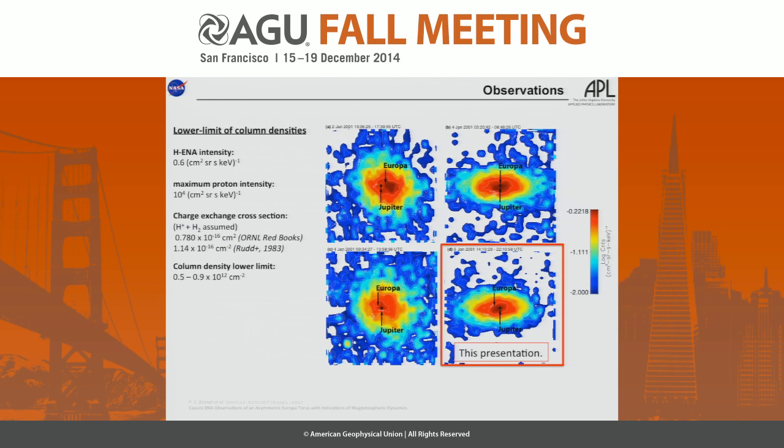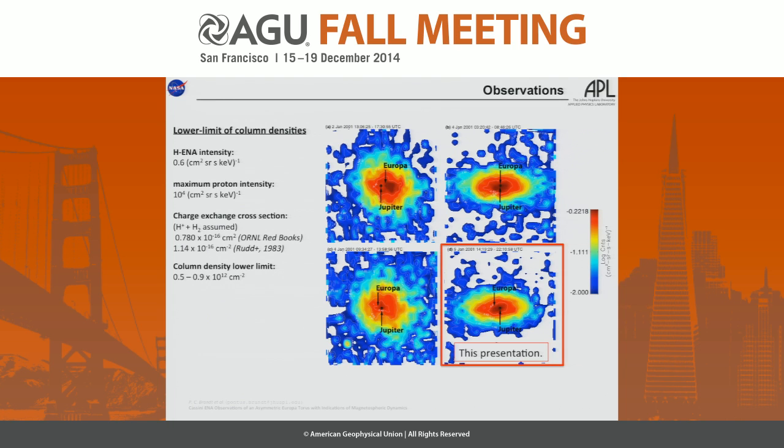I want to make one important remark on the column densities here. If you just take the differential intensities that we observe with INCA, that's the top of the color bar essentially, it's about 0.6 in differential intensity. If you then assume the maximum proton intensities measured by Galileo APD, you can derive a lower limit on your column densities.